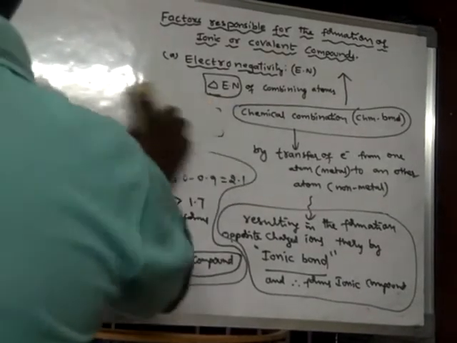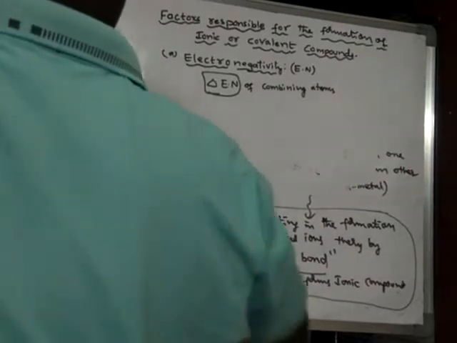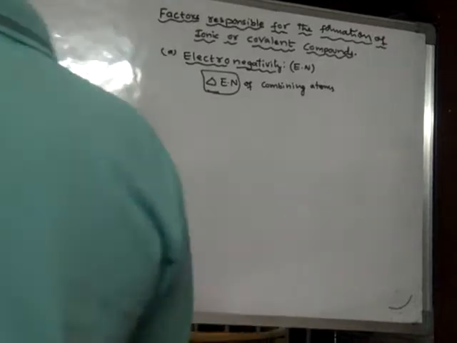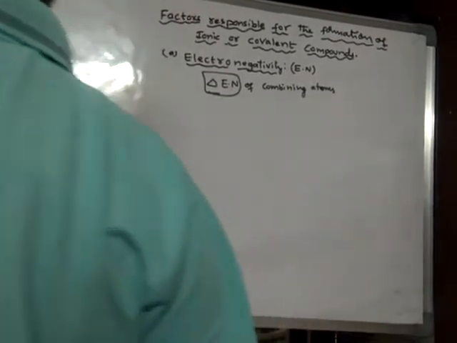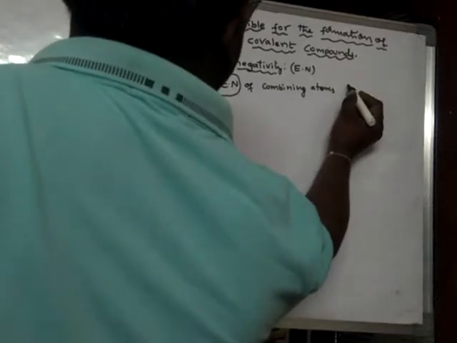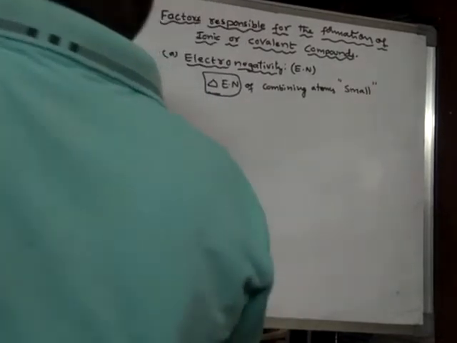Suppose the electronegativity difference is small. If the electronegativity difference of the combining atoms is small, what happens?